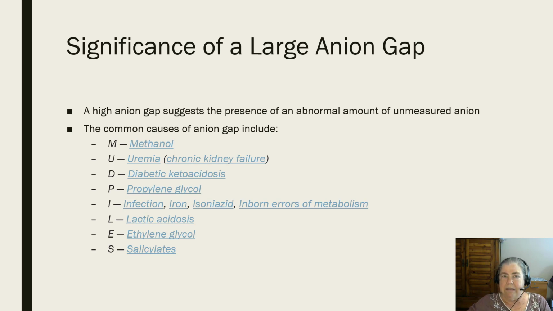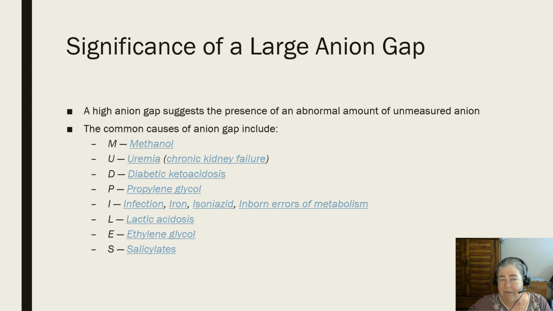So methanol, because the liver is not prepared to metabolize methanol, and formic acid is one of the byproducts of methanol metabolism.